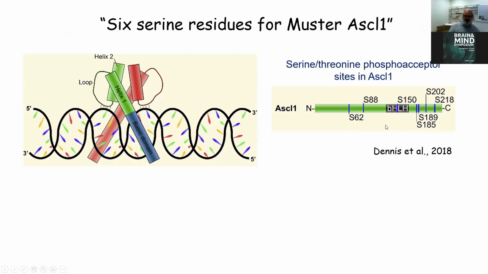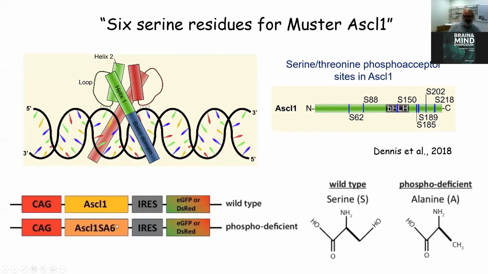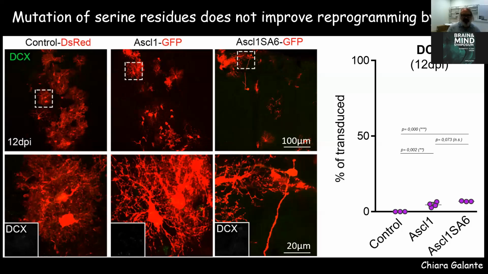residues were mutated such that they are now alanines, and we refer to this as ASCL1 SA6, and we place this variant into our retroviruses and then assess whether this would have a change on the outcome. But the result was still extremely disappointing.